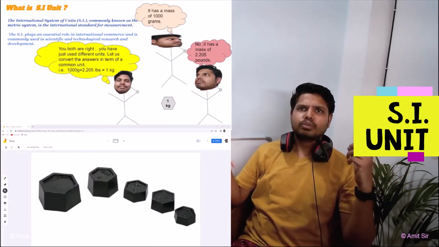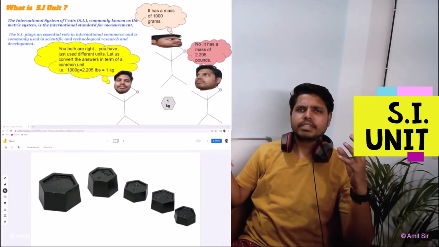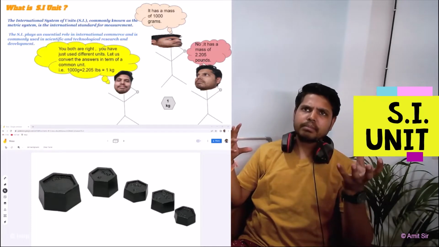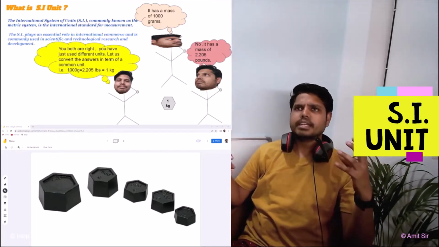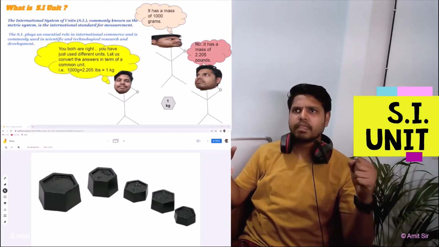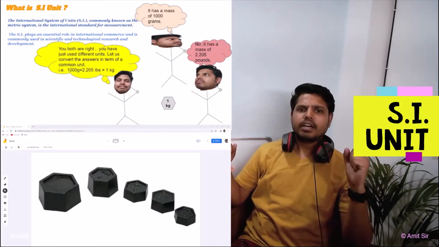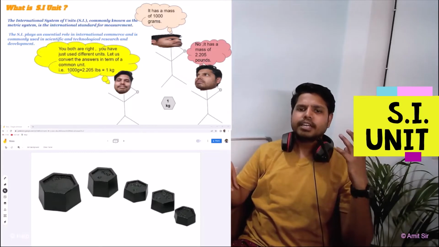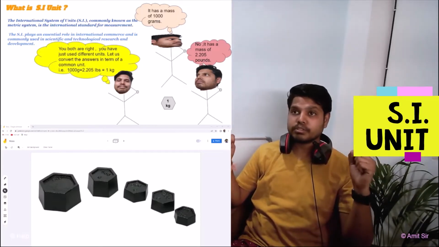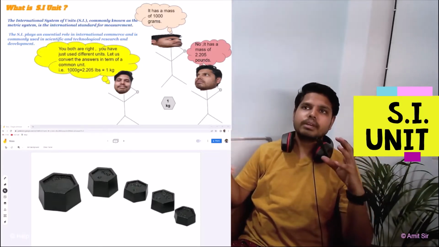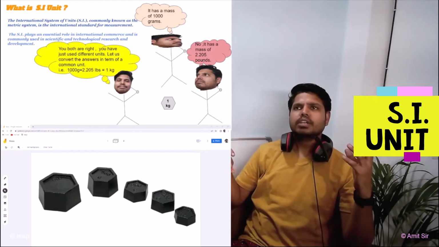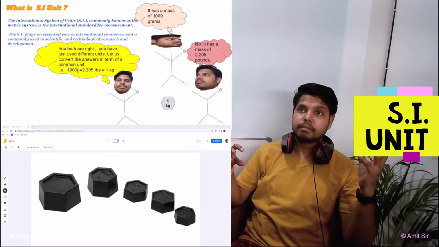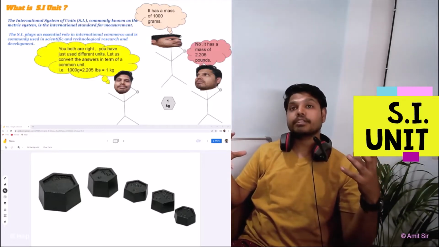So we understand this problem with an example. Suppose two persons take the same sample at two different places and measure its mass. One person measured it as 1000 grams and another person at a different place measured it as 2.205 pounds. Both of them are contradicting because the magnitudes are different, because they have used different units.